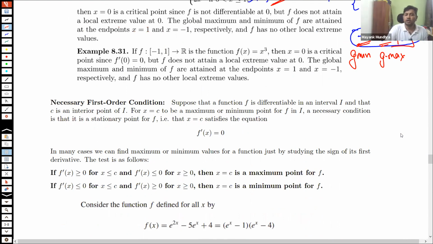But first, we want some general rules to be able to identify my optima. So first, we define the necessary first order conditions. So what are the necessary first order conditions?